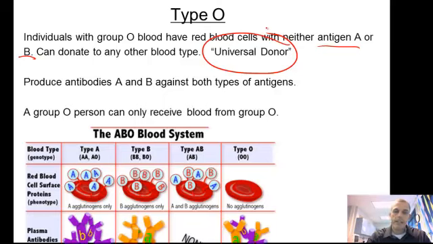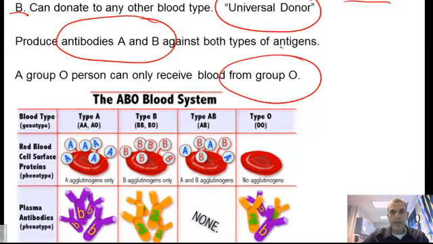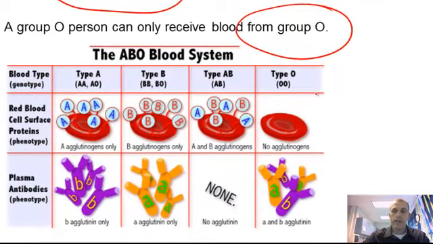But they do have antibodies A and B, which means that a group O person can only get blood from a group O person. So you can think of a type O person as having the short end of the stick, because they can give blood to anyone, but they can only get blood from a type O person.